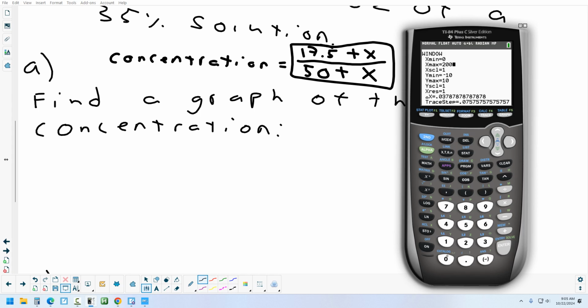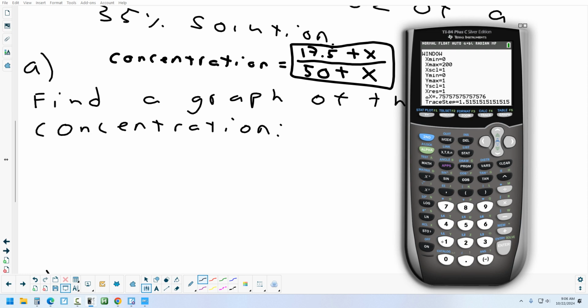Now, Y is going to represent the concentration. What did we say the concentration is always between when you use this formula? 0 and what? 1. Yes, it's between 0 and 1. So we can put 0 to 1, but we know at a minimum the concentration here can't go below what percent? 35.